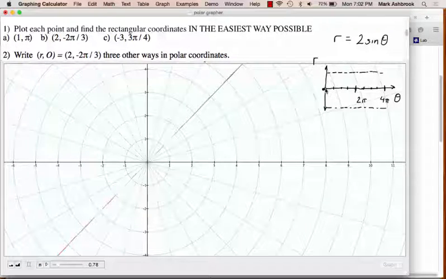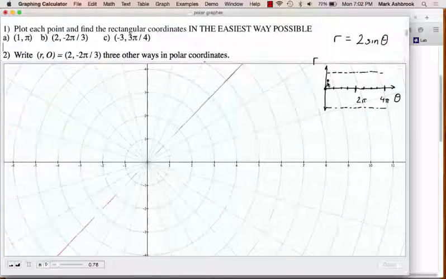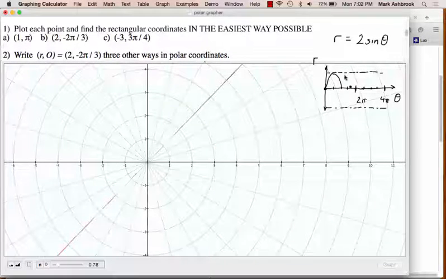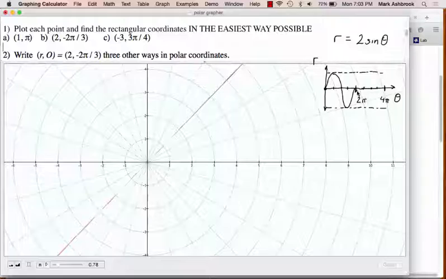You told me it starts at 0, and in the first quarter it goes up to 1, or in this case, 2. And then, as theta goes from pi over 2 to pi, it goes back to 0. Good. And then pi to 3 pi over 2, we'll go down to negative 2.